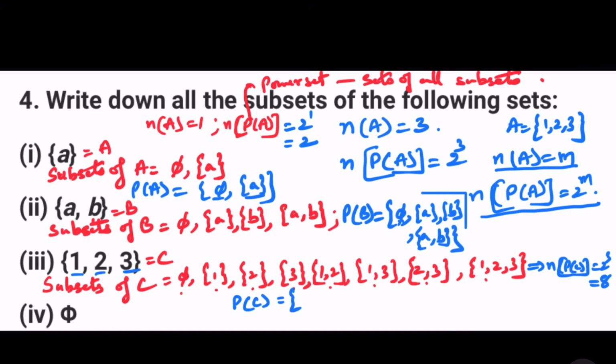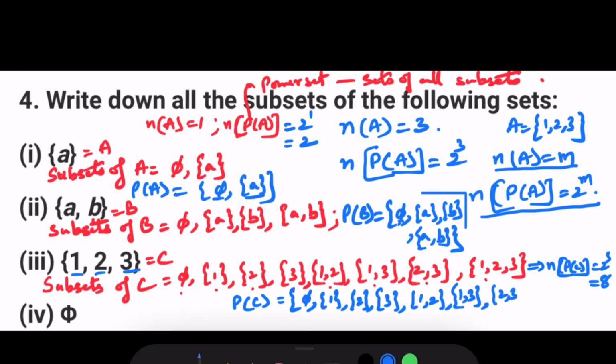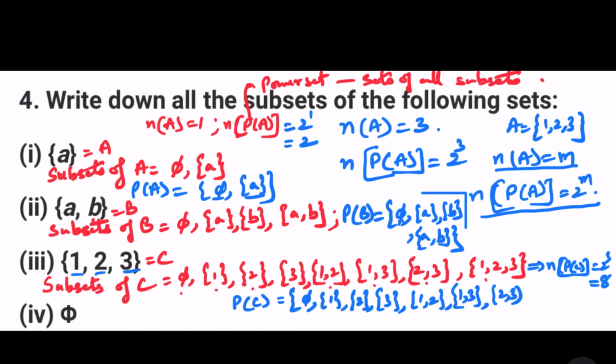You have to put just brackets for this, that's all. Phi, 1, 2, 3, 1, 2, 1, 3, 2, 3, then 1, 2, 3. Okay, so therefore this is the power set of C.